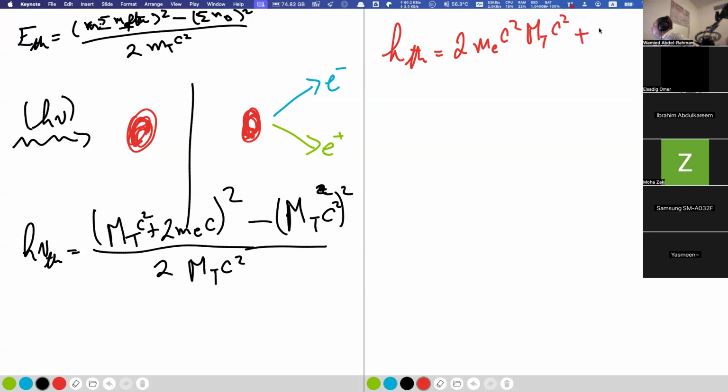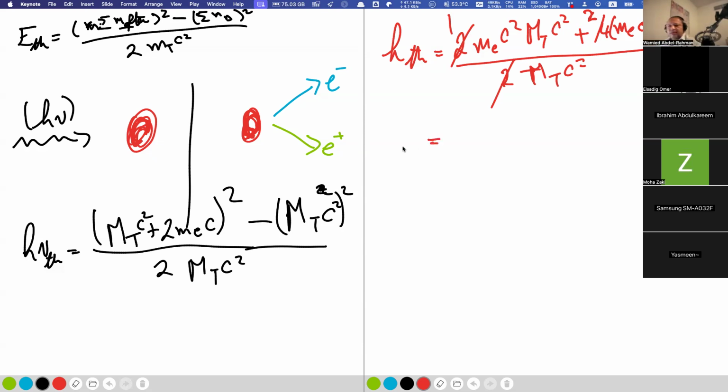plus we get 4 MeC squared, whole squared, divided by the target C squared, and get 2. So this 2 cancels with this. This is 1. We get 2 here, and we can take MEC squared or 2 MEC squared outside.